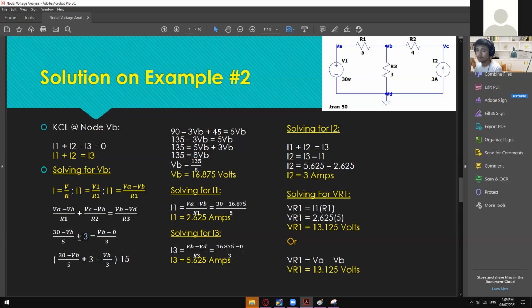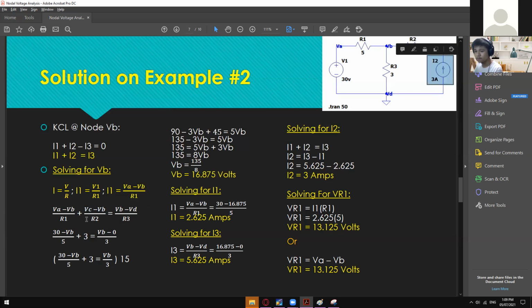And then one thing that you will notice is plus 3. So it's already a given current. So we don't need this one as this one is already equal to this value right here. So as you guys can see, we have a current source. So I3 is already solved, which is 3 amperes. Okay. My bad, not I3, it's I2. Okay.